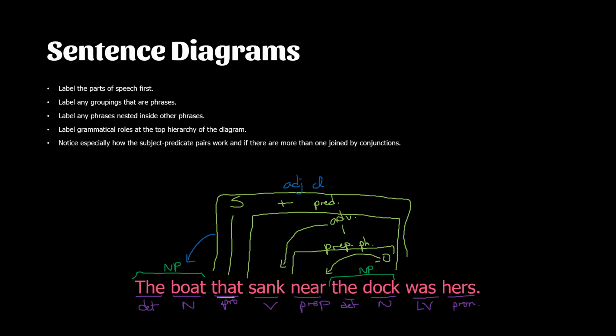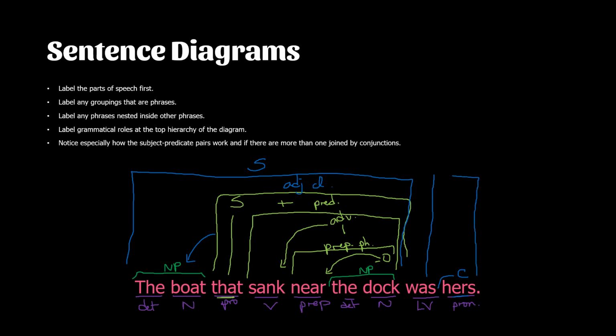So "the boat that sank near the dock," all of this, think of layers of onions. This is a big outer layer, the subject. The linking verb "was hers." "Hers" is the complement, and it goes together with the linking verb. But as a group, those two are a predicate.